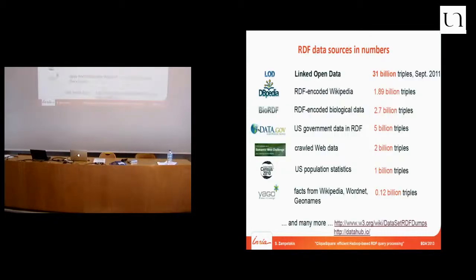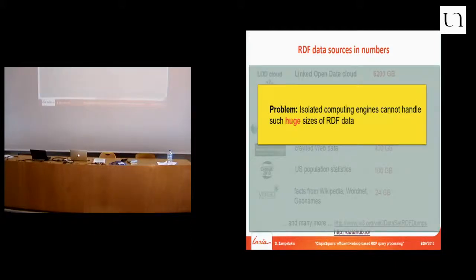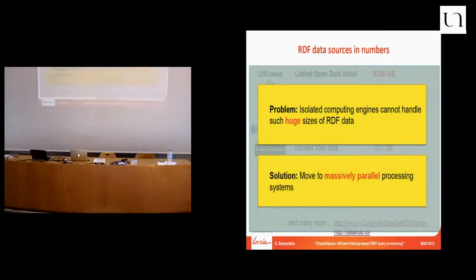So if we see it in numbers, we have almost 31 billion triples, and if we convert it to gigabytes or terabytes, we have almost 6 terabytes of information. With 6 terabytes of information, we cannot do much on a single isolated machine. So what we can do is move to massively parallel processing frameworks.